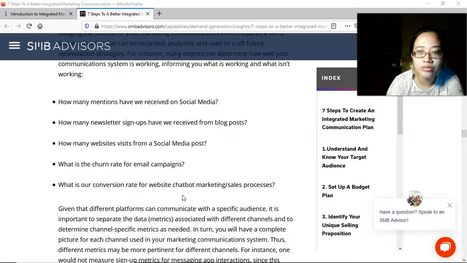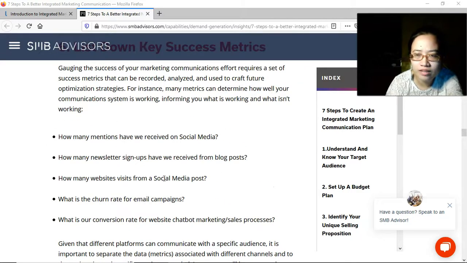What is our conversion rate for website chatbot, marketing, sales, or processes? Okay, since these are online or digital services, all the information is normally provided already by the service provider. Okay? And from the information you gather here, you would know which generated a good reaction, which did not, which was set aside or ignored.